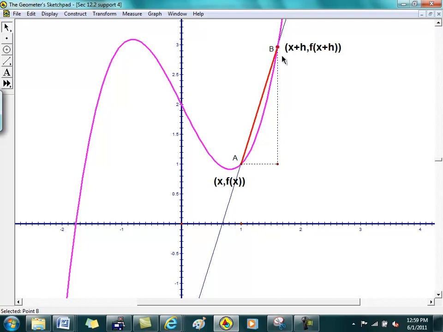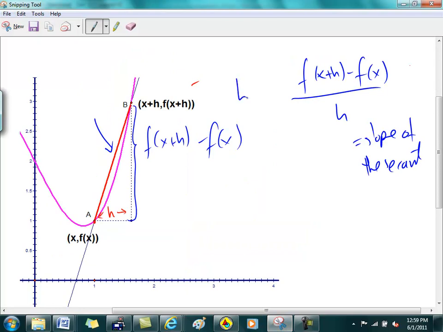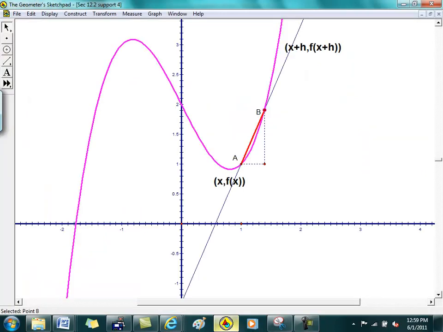Now, take a look at this point B and tell me what's happening to h as B gets closer and closer to A. It's getting smaller. Can you use math and tell me? Closer to 0. Can I then write it like this? h is getting closer and closer and closer to 0. You guys with me?